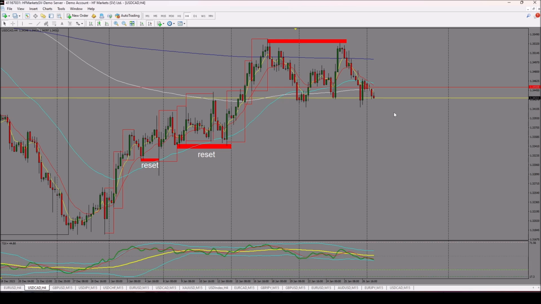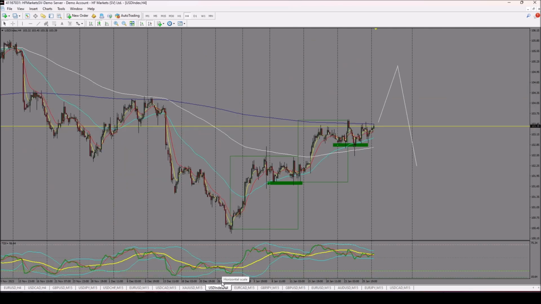So, in recap, in this particular lesson, we were learning how to use the US dollar index. We should actually start by counting levels of the US dollar index before we jump to the other pairs.